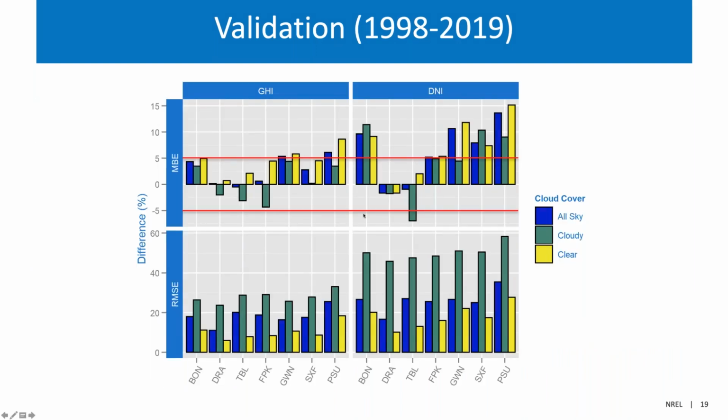Here's another way of representing our validation. On the top panel is the MBE, the mean bias error, and the bottom is the RMSE, the root mean square error. GHI is in the left panels and DNI in the right-hand panels, again with the same color scheme: all sky, cloudy sky, and clear sky.